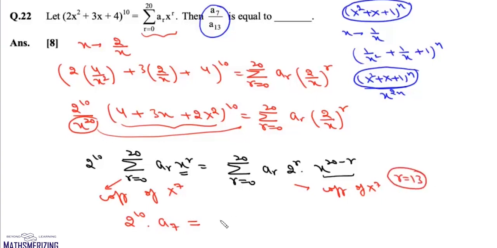So here it will be A13 into 2 to the power 13. Now we can cancel 2 to the power 10 with 2 to the power 13. We'll get 2 to the power 3 here. Now we can write this A7 upon A13 as 8, and that is the answer to this question.